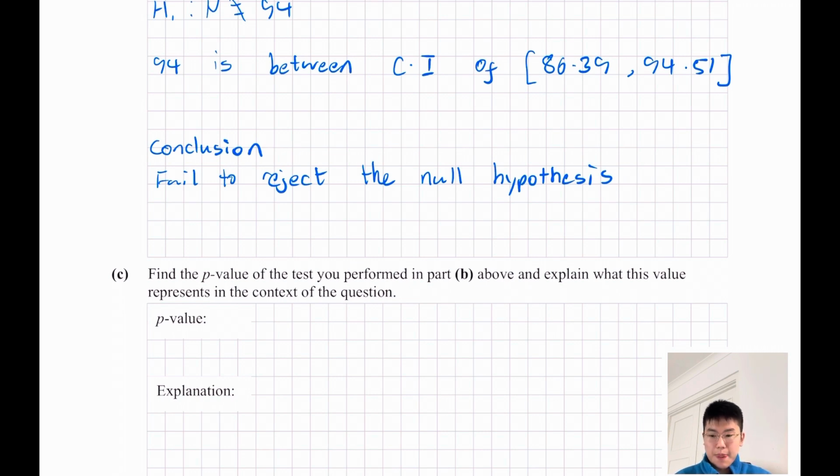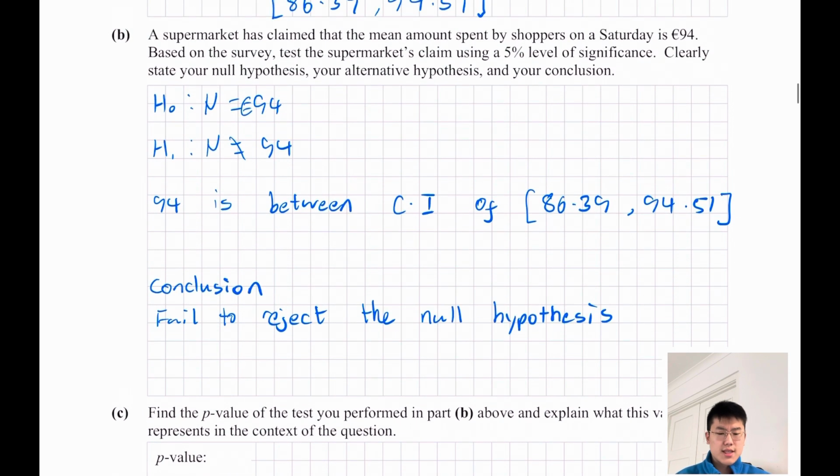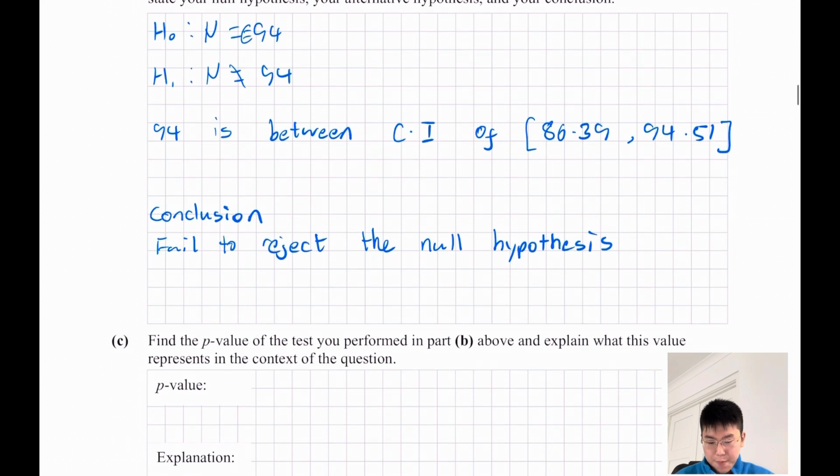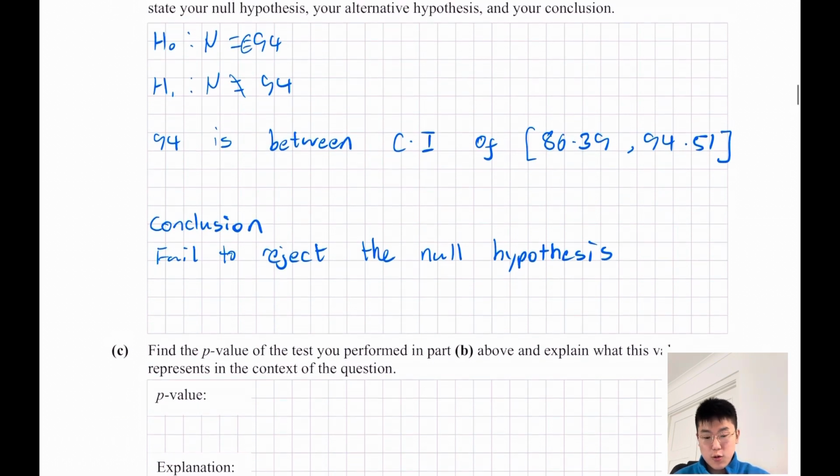We reject the null hypothesis when the p-value is less than 0.05, or whatever significance level is in the question. In this case, it's 5%. But if it's greater than 0.05, we fail to reject the null hypothesis, basically meaning we accept the null hypothesis. Now, to calculate the p-value, we first need to calculate our t-statistic for the sample.